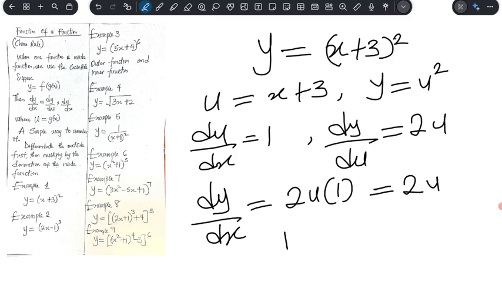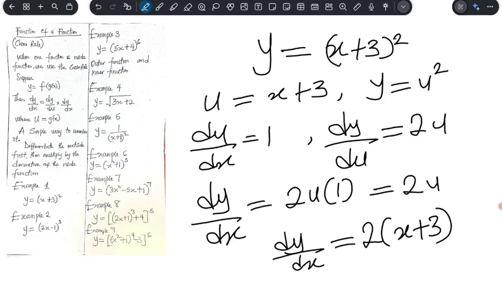So we substitute the value of u, and our u is x + 3. So we have 2 times (x + 3). So this is example 1. So let's try to solve example 2.